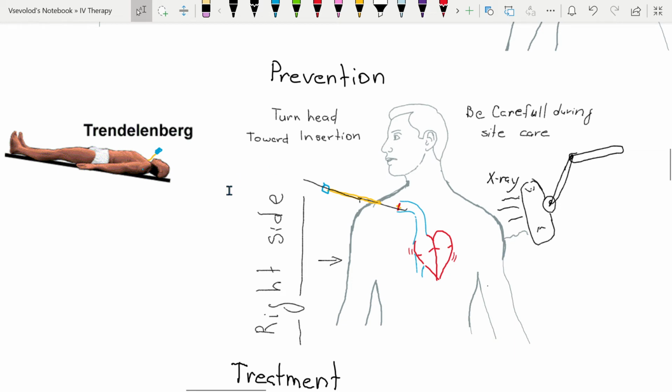When the catheter is placed through the subclavian vein, place the patient in a slight Trendelenburg position. Also, right-sided central vascular access device insertion is preferred. Care must be taken during site care to prevent inadvertently pulling the catheter out of the exit site.